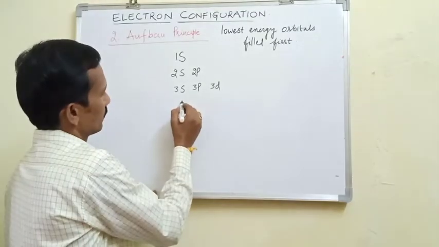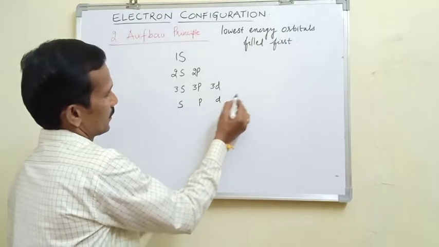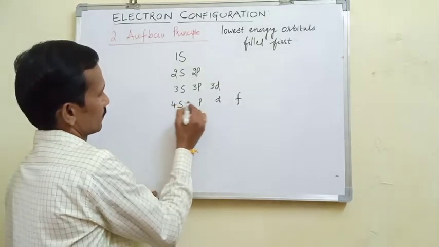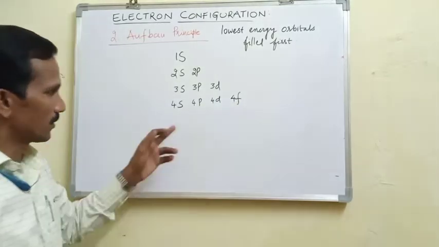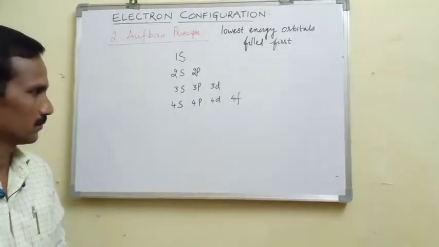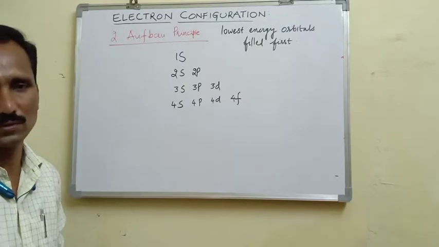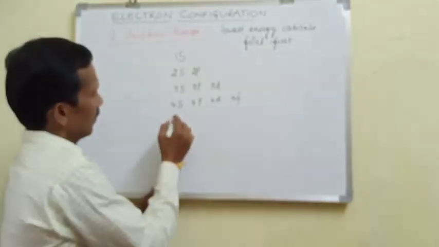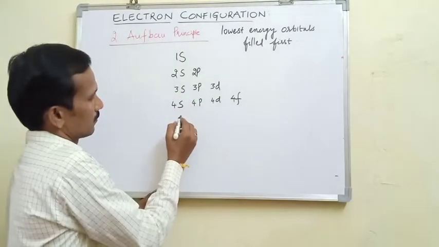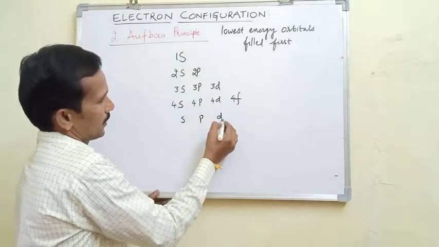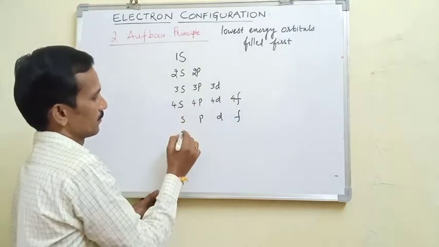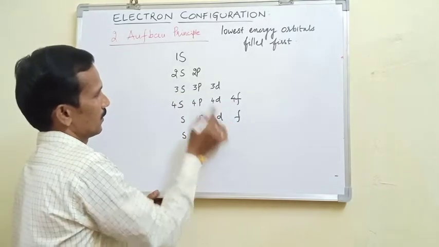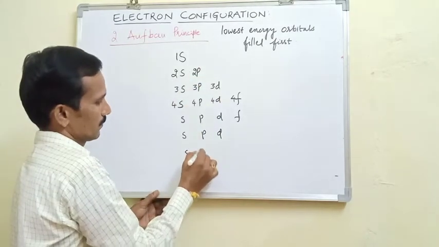In the fourth shell, s, p, d, f. We know this. G is also present, but in 10th class we restrict up to f. Again we write s, p, d, f going upward: spdf, spd, sp.